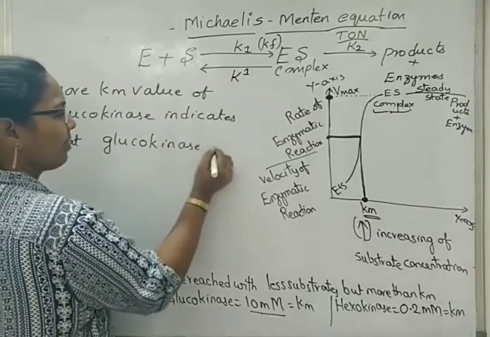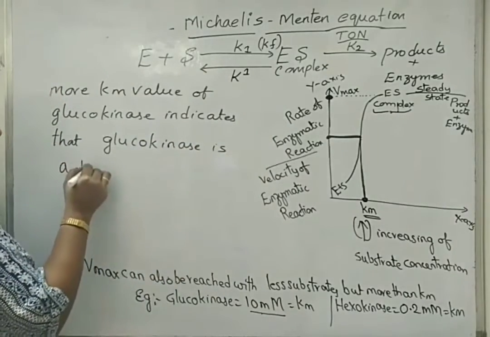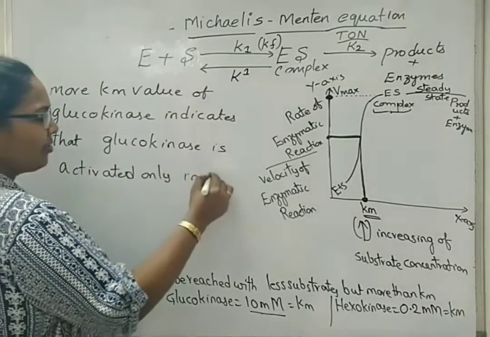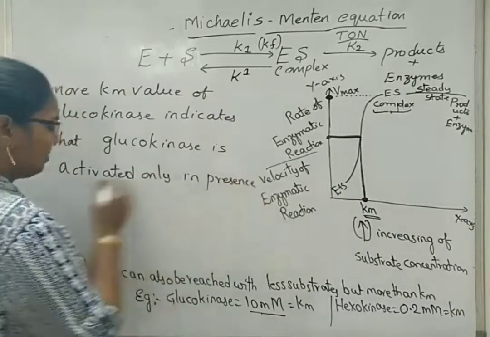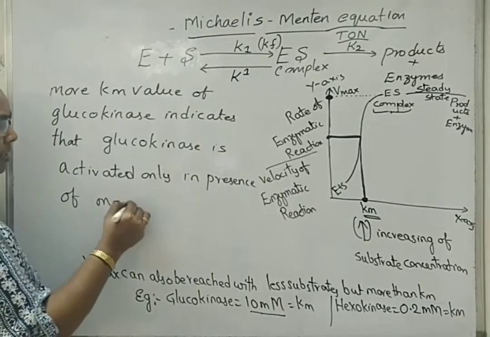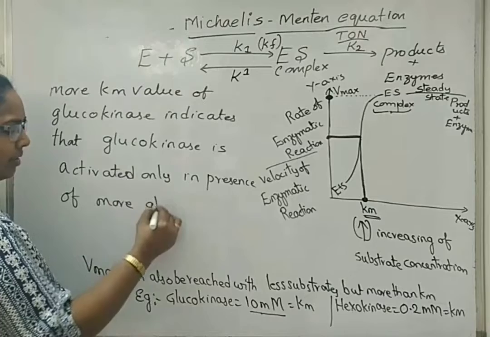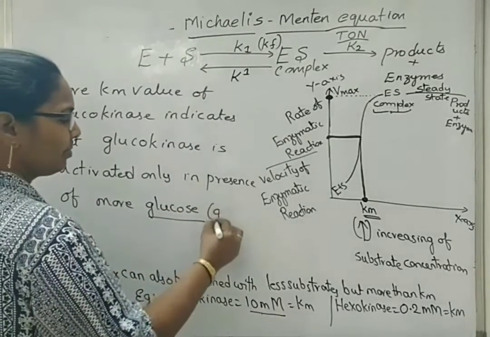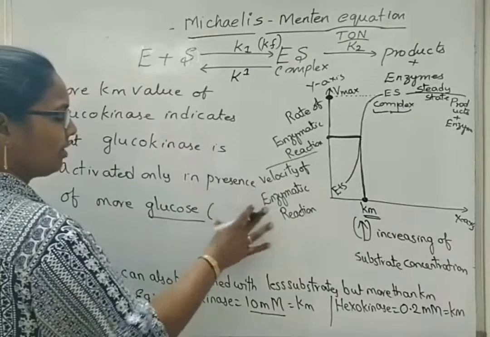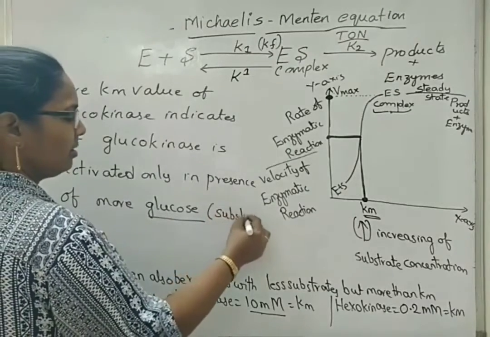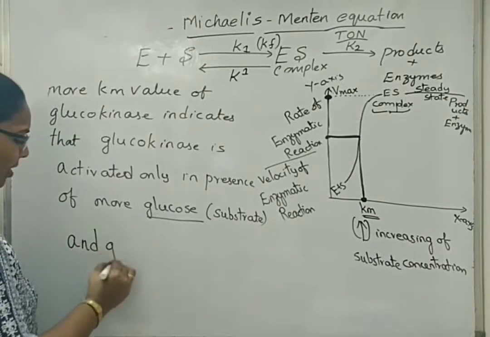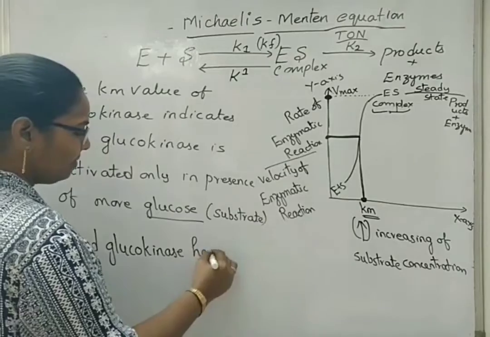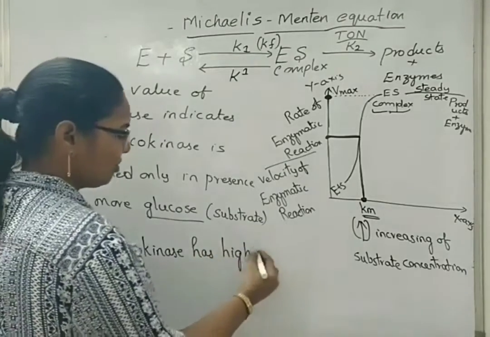Glucokinase is activated only in the presence of more substrate. The substrate is nothing but glucose. And glucokinase has high capacity for glucose.